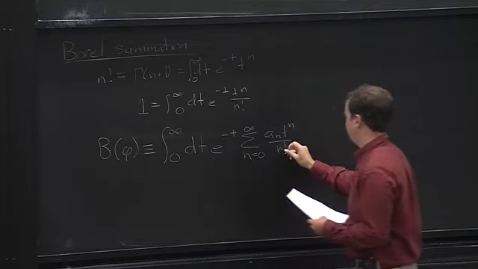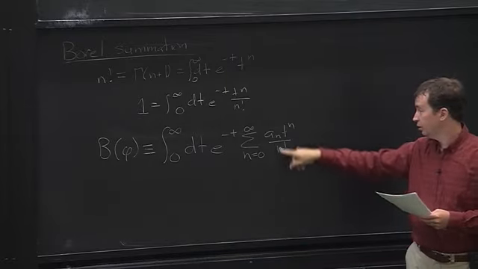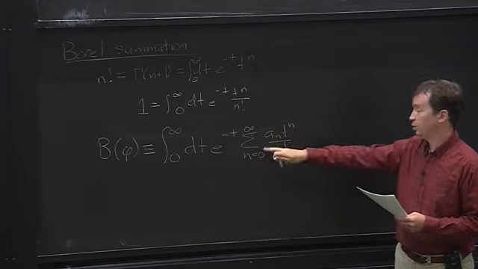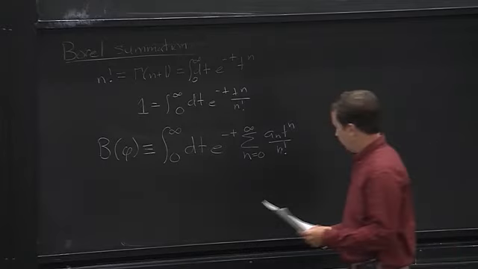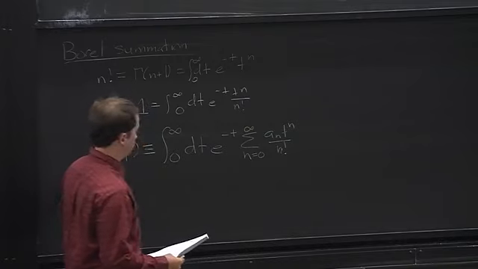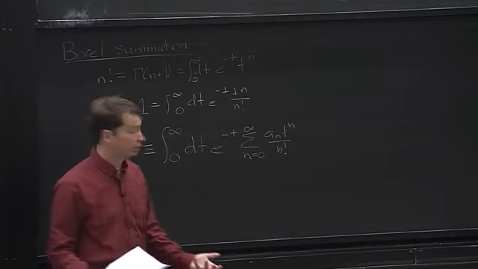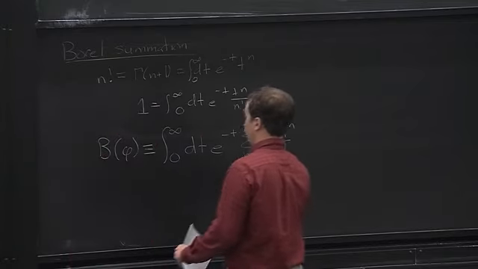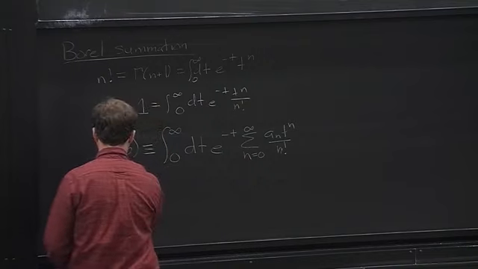And so we've got this extra factor of n factorial, which helps make this sum more convergent than just the sum of a_n. So this is another way we can try to assign a finite number to a divergent series.